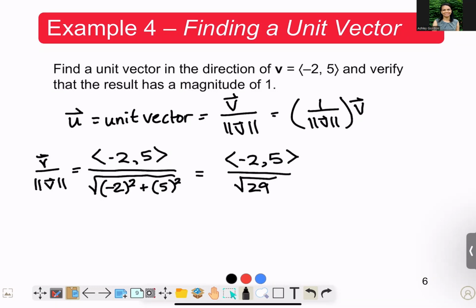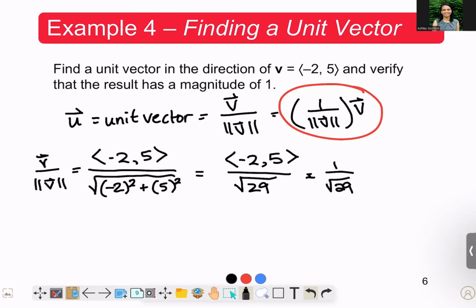And so what this means, dividing this vector by the square root of 29, is just multiplying it by 1 over the square root of 29. So that's this second part of the notation here. We're just going to split the fraction apart and think of it as multiplication.